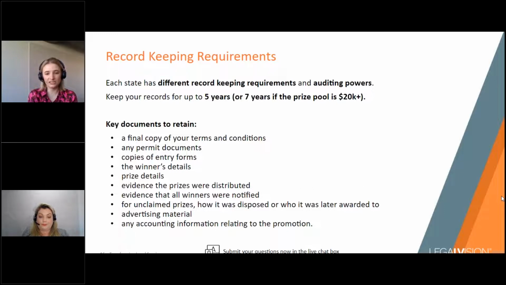We also suggest keeping a copy of your advertising material and any accounting information relating to the promotion.